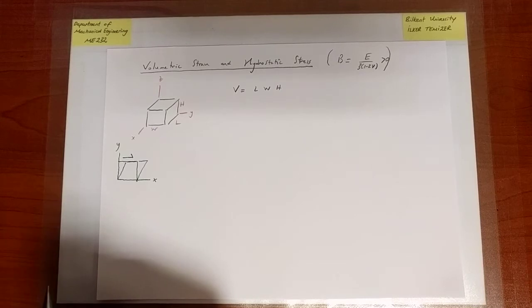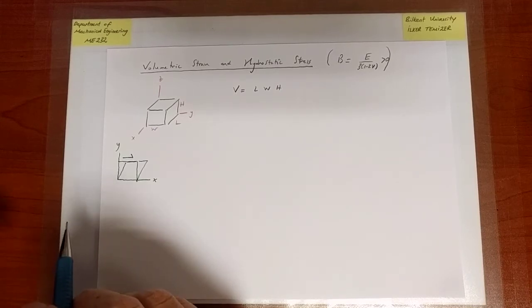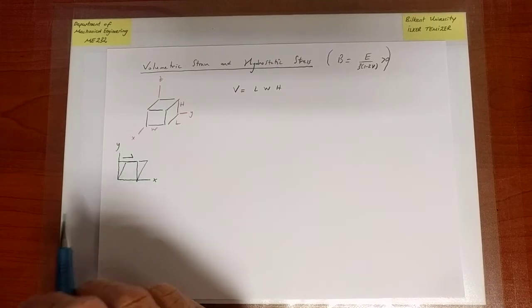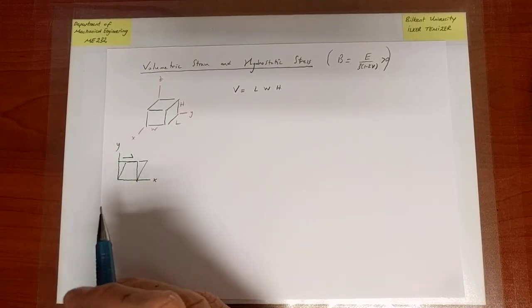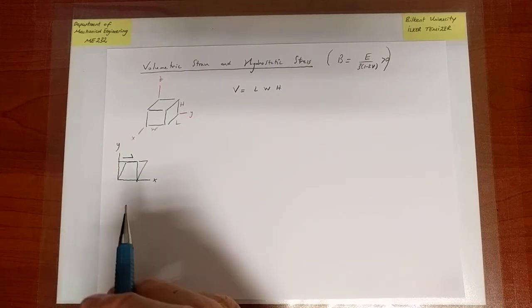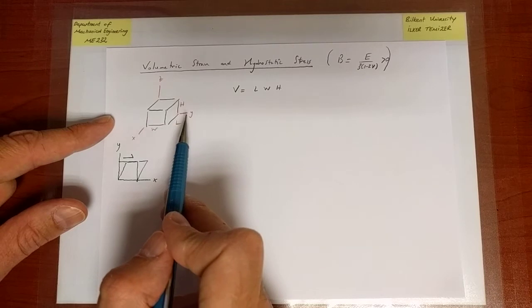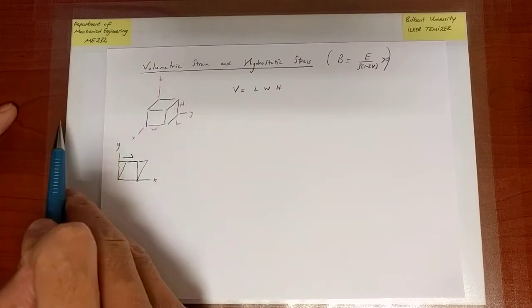The first, that only normal stresses cause volume change, is based on our understanding of isotropy, because normal strain, which is responsible for volume change, is going to be caused only by normal stresses.